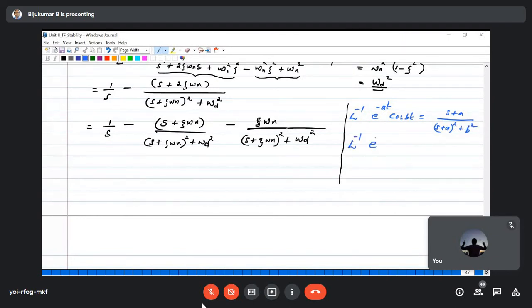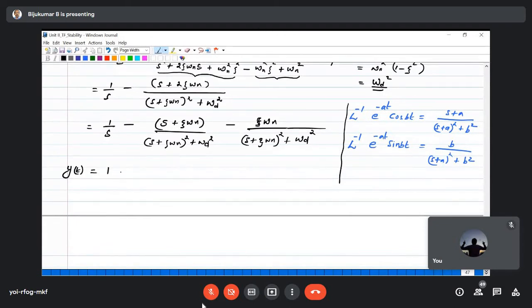Similarly, Laplace inverse of e raised to minus at sin bt is b divided by s plus a the whole square plus b square. So using this relation, you can find y of t. So y of t is Laplace inverse of the above equation.